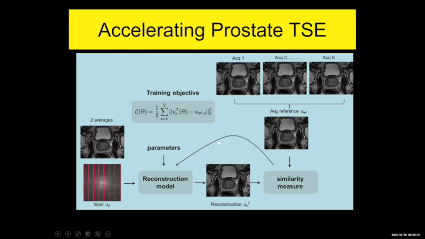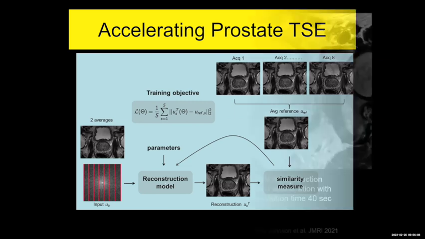That's a loss function. Basically, this kind of network generates images that are as close as possible to identical to the target 8 average images. And so we are getting a 4-fold acceleration. If you think about that, your acquisition time is now about 4 to 5 minutes rather than 18 to 20 minutes, and that is similar to what we would get on a 1.5 or 3 Tesla system.